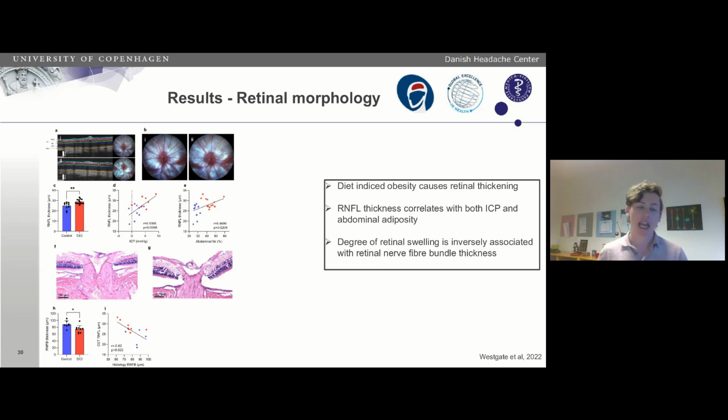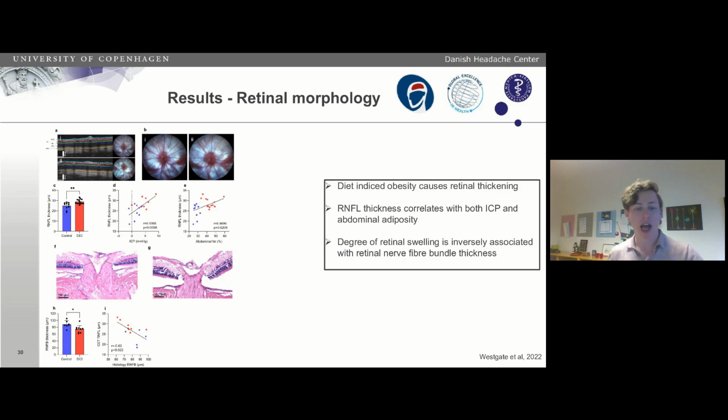Here we show a thinning of the retinal nerve fiber bundle. So what we see is that when we implant the animals, the actual nerve fiber layer is thicker, but the bundle at the end, which is where all the axons are, is thinner.